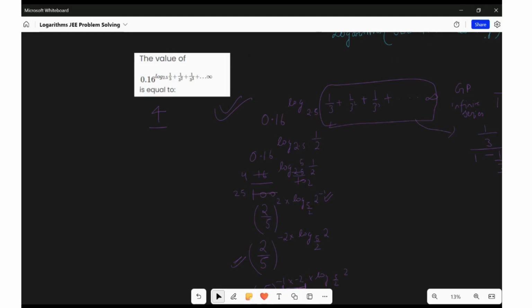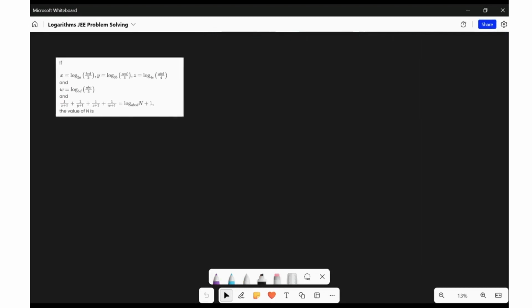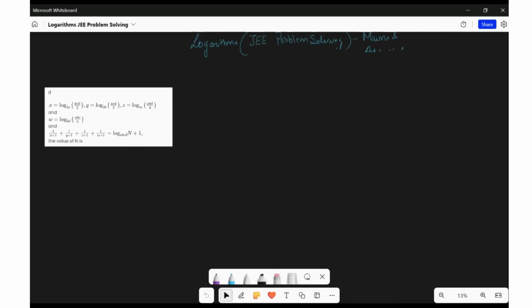Let's look at the next problem. Now we look at the eighth problem, which is a very interesting one. We have given the values of x, y, and z as you can see there: log BCD by 2 base 2a, log ACD by 3 base 3b, log ABD by 4 base 4c, and w, which is log ABC by 5 base 5d.